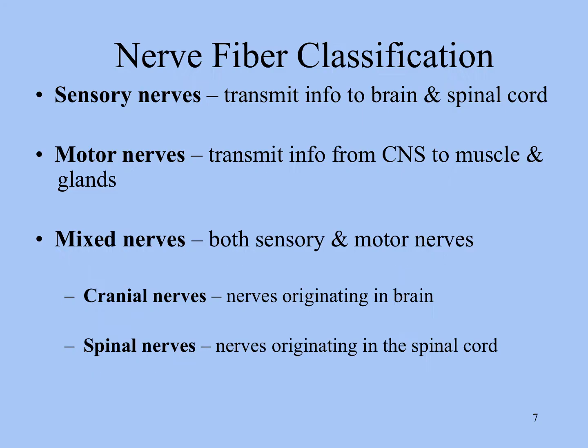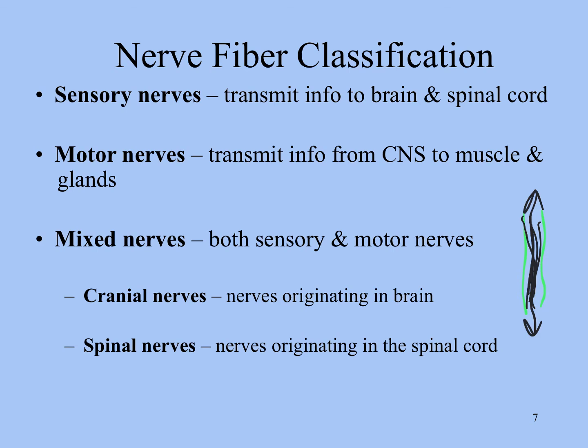So remember that when we're talking about nerves, a nerve is just a bundle of a bunch of individual axons, and some are going afferently, and some are going efferently, all within the same nerve.